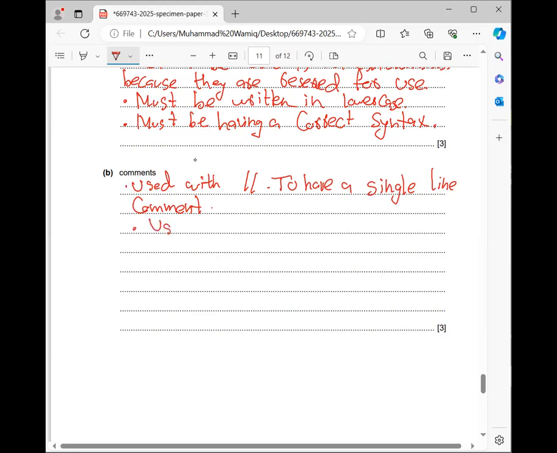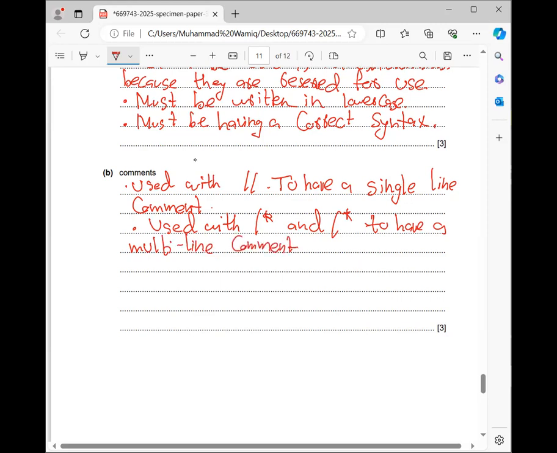But if it is used with this slash and asterisk sign and ends with this asterisk and slash, this means that I have a multi-line comment.